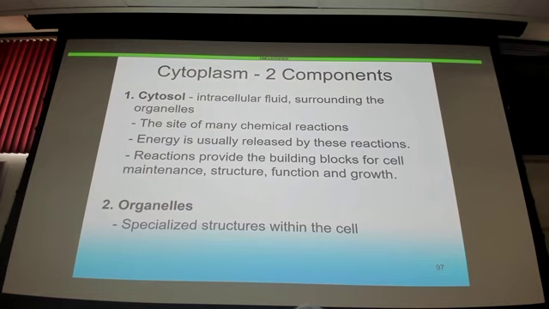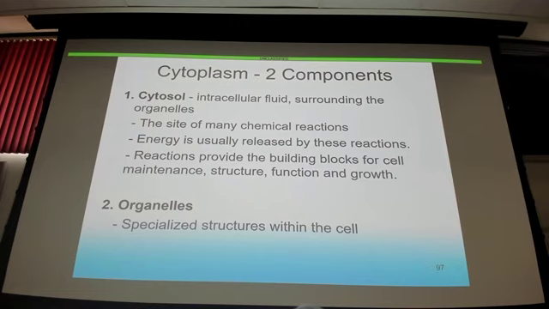So we said that cytoplasm, by definition, includes the cytosol, which is the water, and then the organelles. So now we're going to add to that and say, well, inside the cell, specifically inside where the cytosol is, is where all the chemical reactions are going to occur, and whatever energy is made or released by these actions.